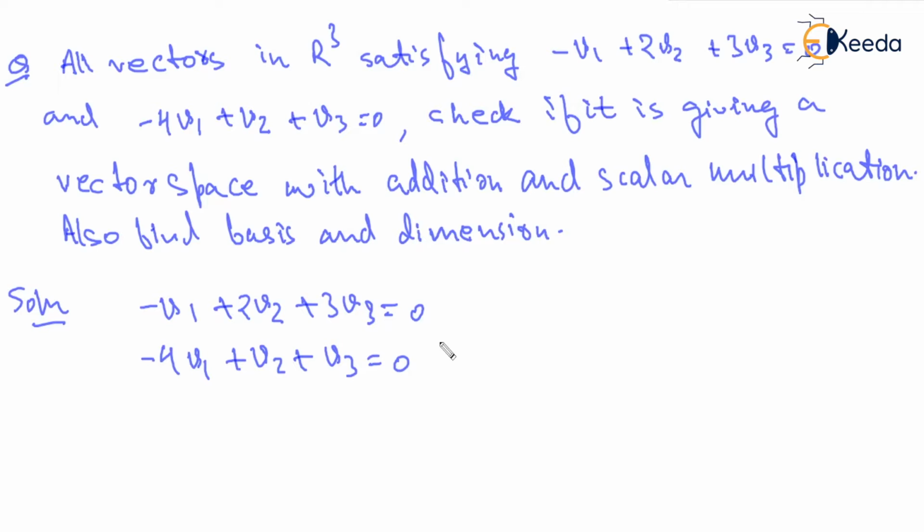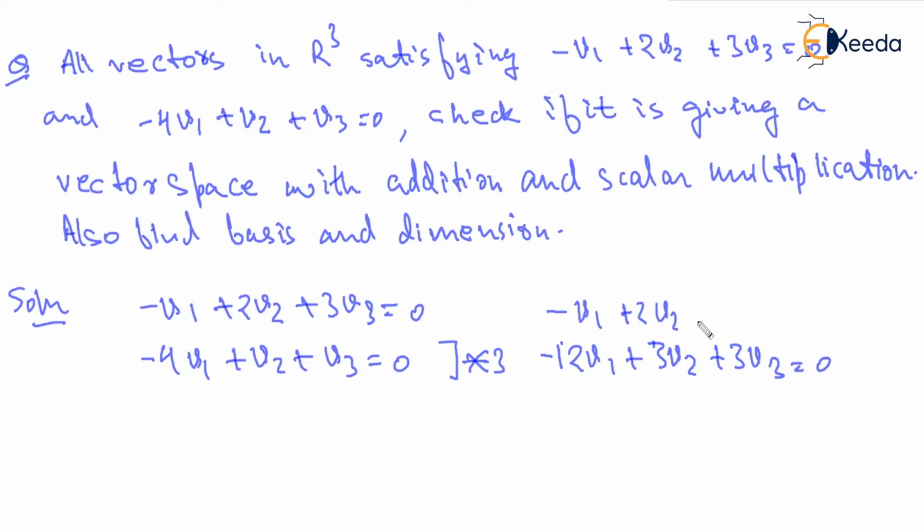If we multiply this second equation by 3, we are going to get minus 12v1 plus 3v2 plus 3v3 equal to 0, and this equation is minus v1 plus 2v2 plus 3v3 equal to 0.